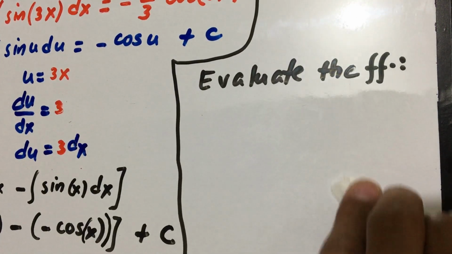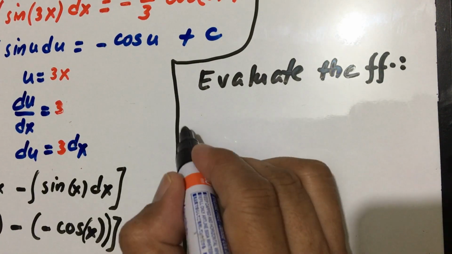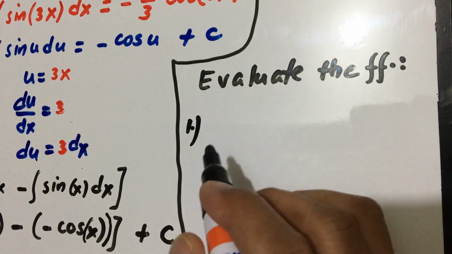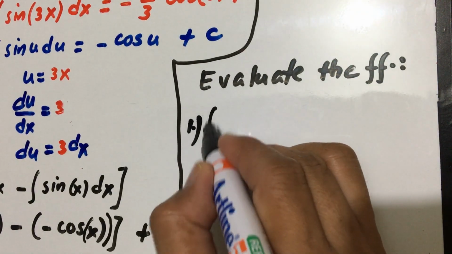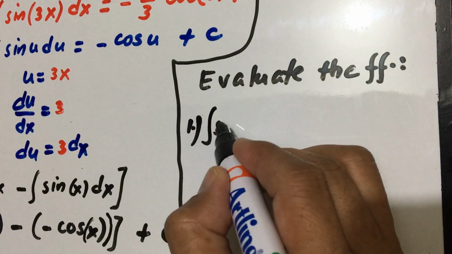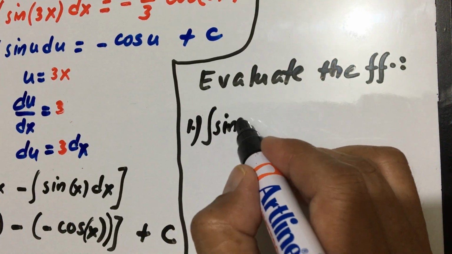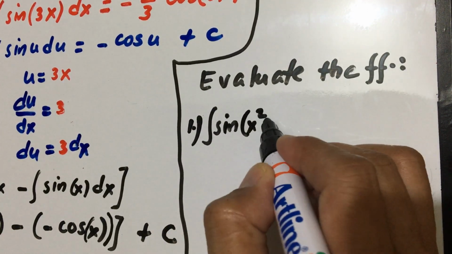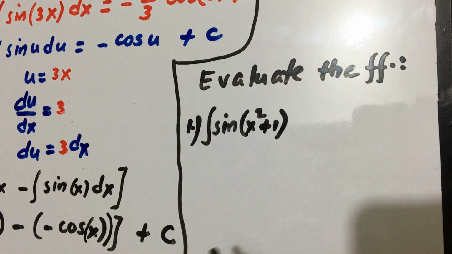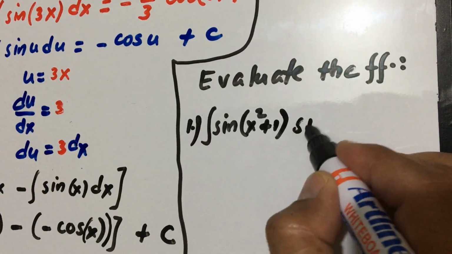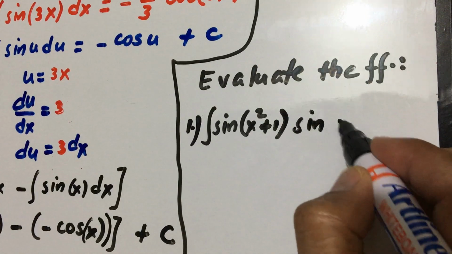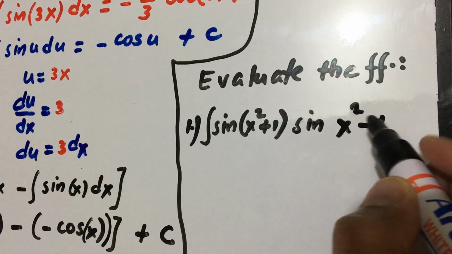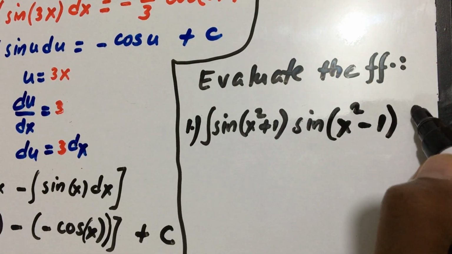Number one, integral of sine of (x squared plus 1) times sine of (x squared minus 1) dx.